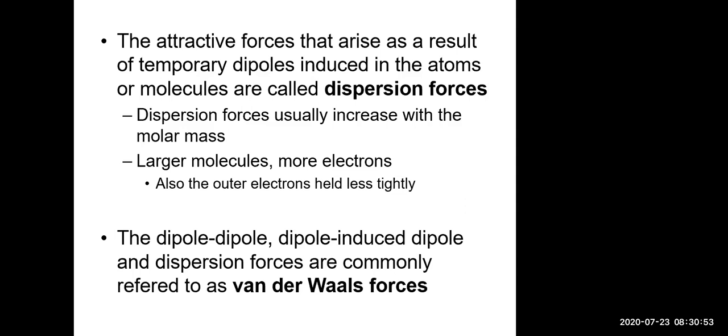Although they are both nonpolar and both use dispersion forces as their main intermolecular force, the one that has the higher molar mass would have the higher boiling point, for the reason we were just talking about: it should have more electrons, a greater chance that those electrons will be moving around. And as it also says there, the larger the molecule, the farther away the electrons will be from the nucleus and not held as tightly, and able to move around.